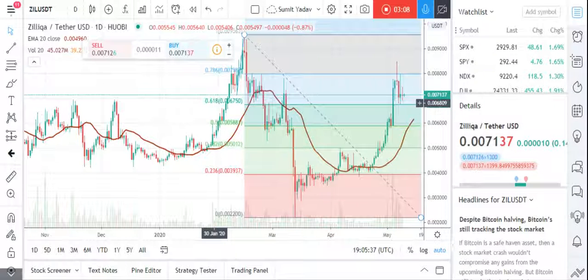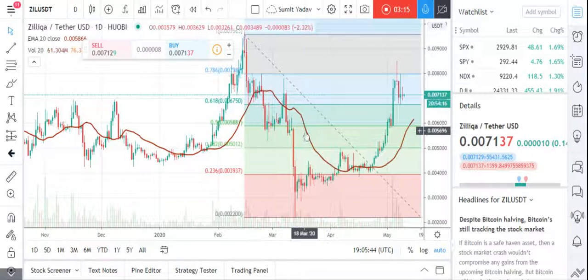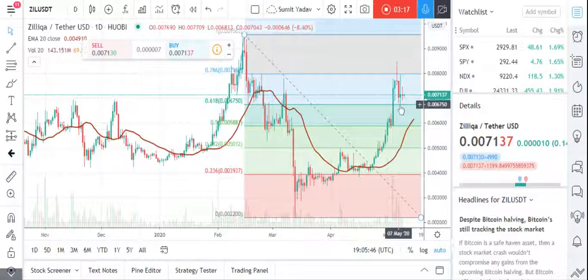I'll just tell you why. Do you see this? This golden Fibonacci ratio is around 675, and we have seen that there was a quick wick. This green candle has a quick wick that is touching the 0.618 golden Fibonacci ratio. That means that this 0.618 ratio is now holding as a support to this trend.